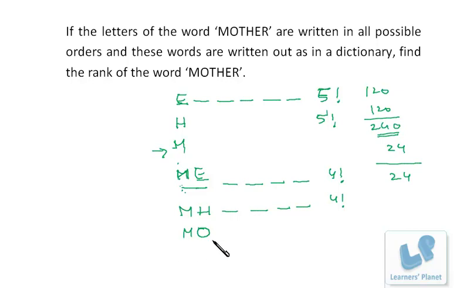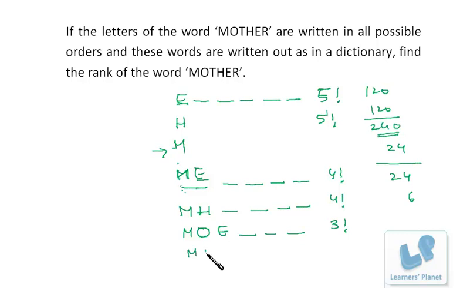If the first 2 letters are M and O, in the dictionary the next letter will be E. So let us take out the words where the first 3 letters are M, O and E. With 3 positions left, 3 letters can be arranged in 3 factorial ways, so further 6.